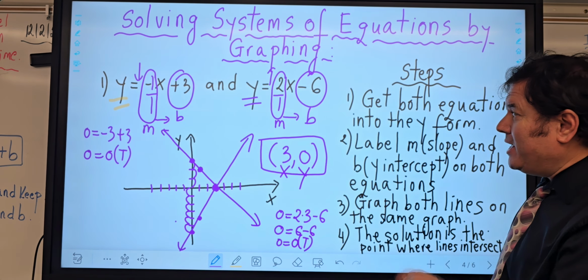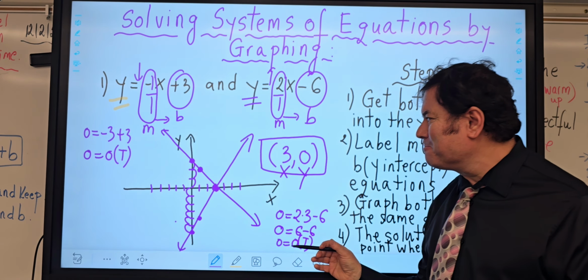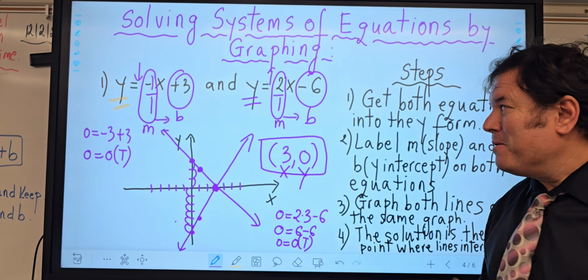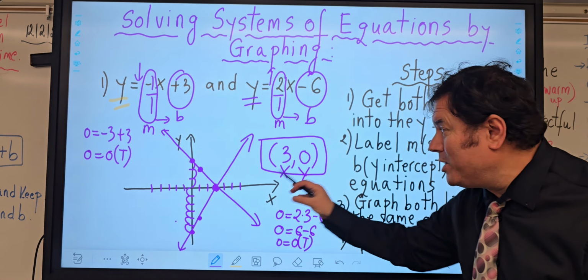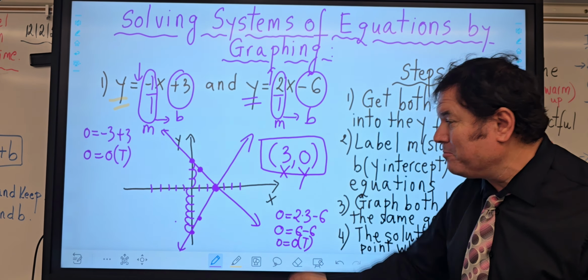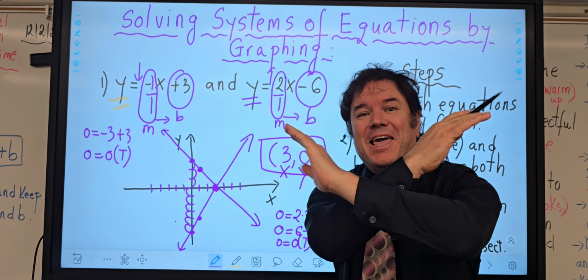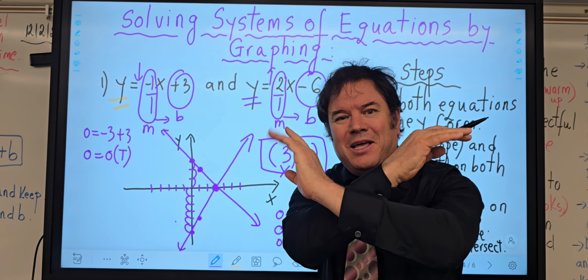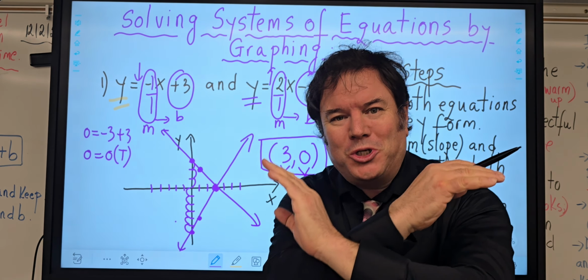Then we are going to label the m and the b in both equations. And then we are going to graph both equations, graphing b first and then m, on the same coordinate graph, the same coordinate system, right? And our solution, remember, is where the lines intersect. That's our solution. Remember that, where the lines intersect is our solution.